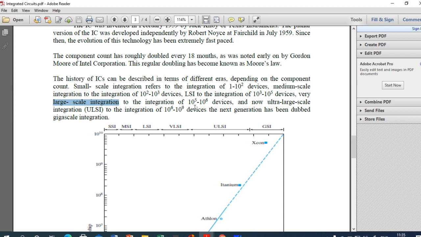Here it allows us to place transistors from 10 to the 5 to 10 to the 6, that is 1 lakh to 10 lakh transistors, in only one IC. This technology we call very large scale integrated circuit.